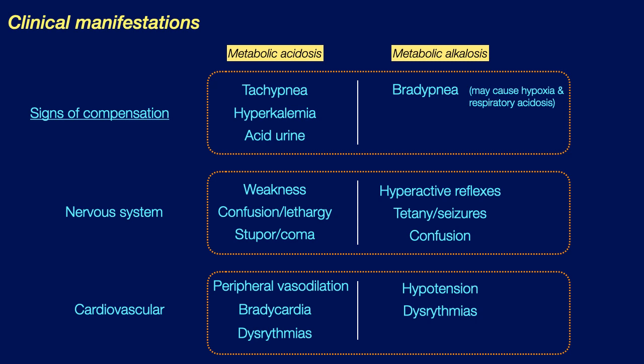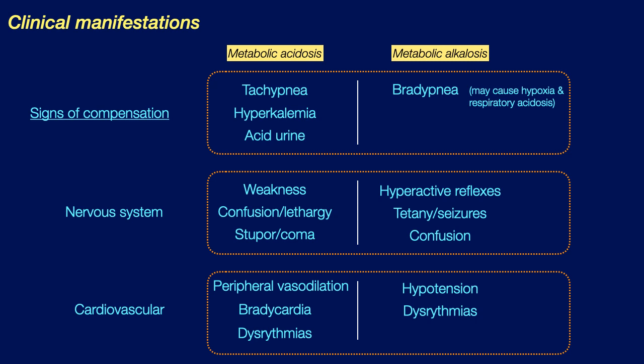You'll have hyperkalemia as well, and acidic urine. In the case of alkalosis, you will have bradypnea, which is reducing the frequency of breathing, and this may take you to a hypoxia of some organs, as well as the opposite, respiratory acidosis.